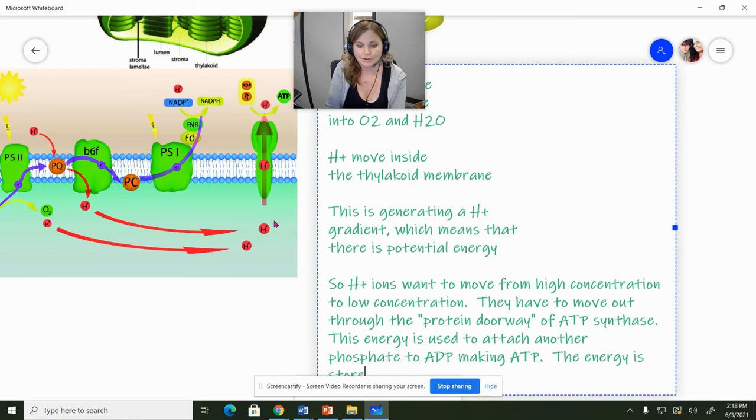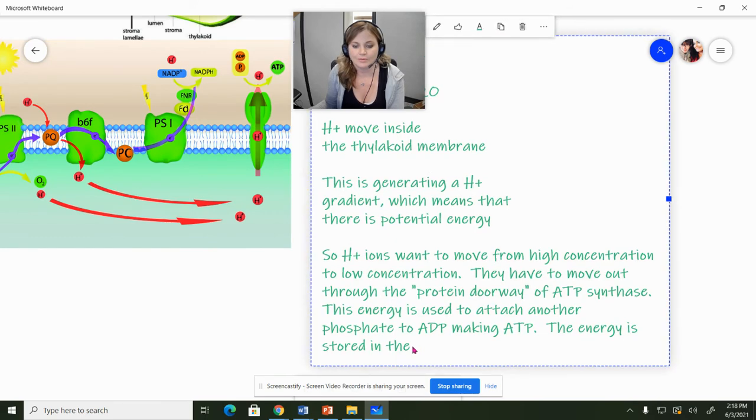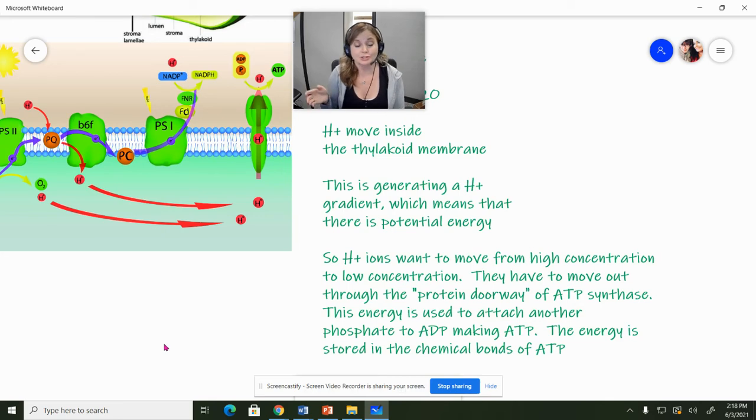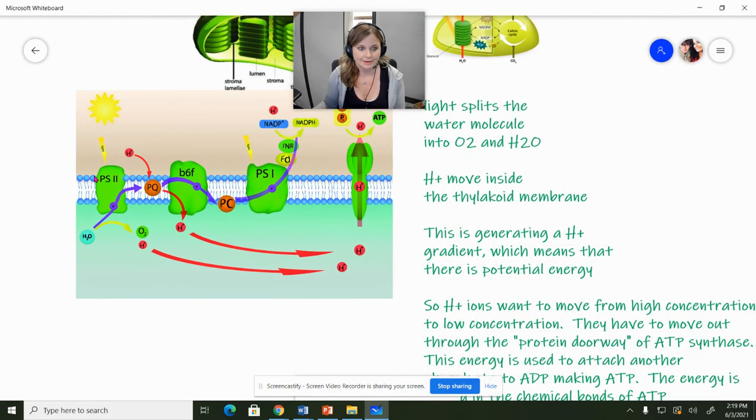Energy is stored in the, I'll have to scroll up a little bit here. Okay, so that's part of the light reactions to generate ATP. That's what's going on here. The other part is that there are also electrons given up by the water molecule that are passed along through a series of different proteins.